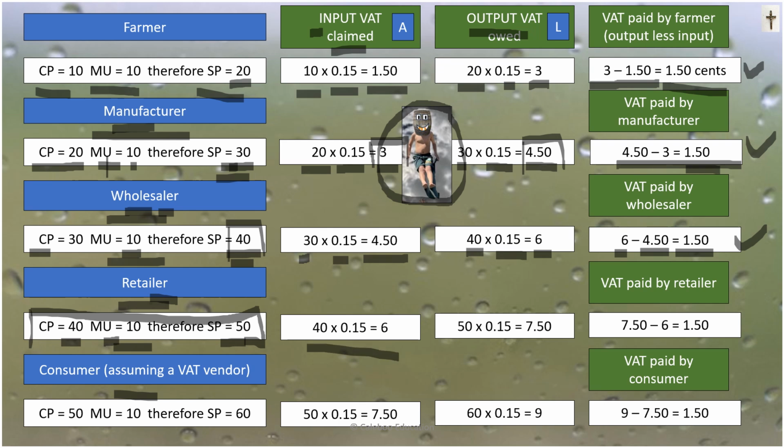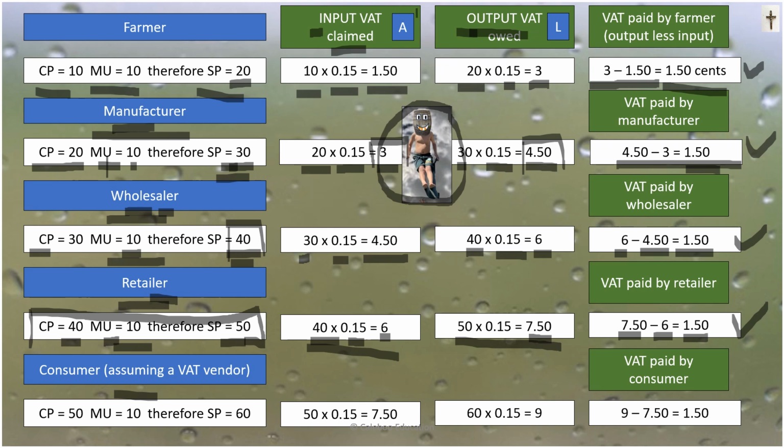To calculate the input VAT, it's 40, cost price times by 15% equals 6. And then we take the selling price to get the output VAT, times by 15%, it's R7.50. Output VAT minus input VAT is equal to R1.50. More money for revenue services.